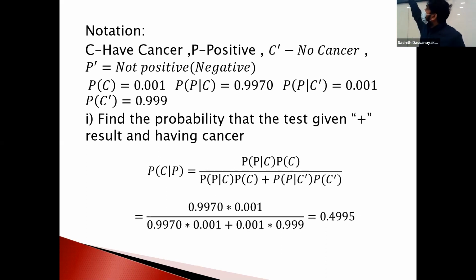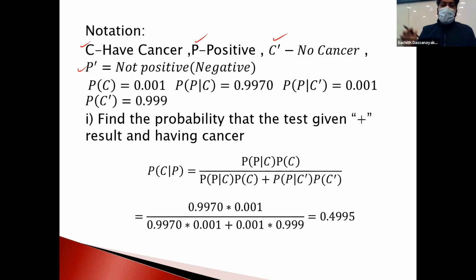These are the events. This capital P has nothing to do with our probability P, those are different notations. Capital C is an event, and this capital P is an event, positive. C is having cancer, C dash means no cancer. Same here, P dash means negative or not positive. Actually, if you write C and P, that's fine, so I know that C dash means this, P dash means this.